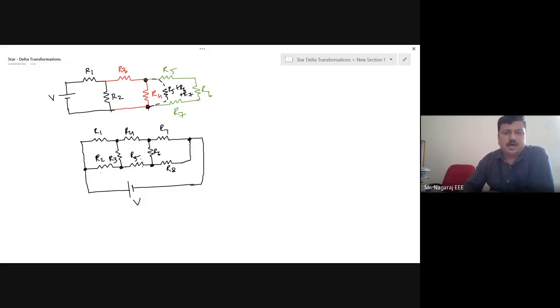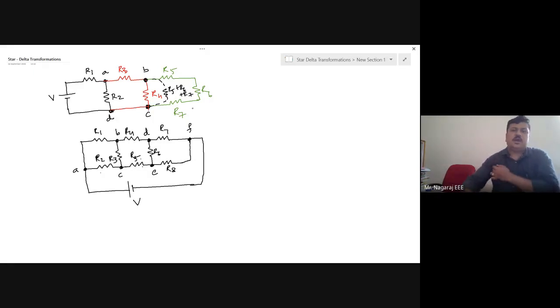But look here, R1 is connected, if I go on giving the nodes, let these be A, B, C, D, E and F. Here also I will give the node names. Let these be the same, A, B, C and D.